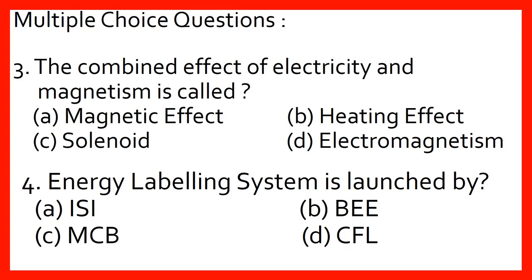The last question, question number 4. Energy labeling system is launched by. Option A, ISI, option B, BEE, option C, MCB, option D, CFL. Be very careful while selecting the most appropriate option.